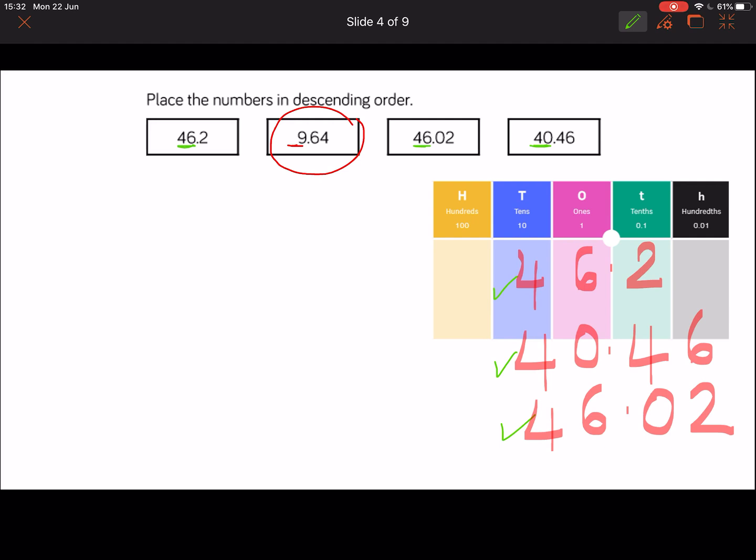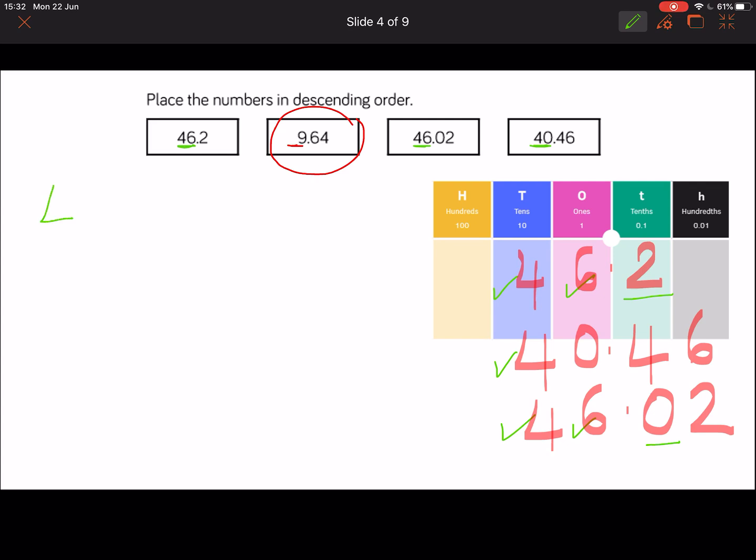Then this number and this number is the same. Then if I look at the next place value, I can start to see that the biggest number will have to be this number, because if I'm comparing 46.2 and I'm comparing 46.02, I know that 46.2 is the biggest because it has the 2 in the tenths position.